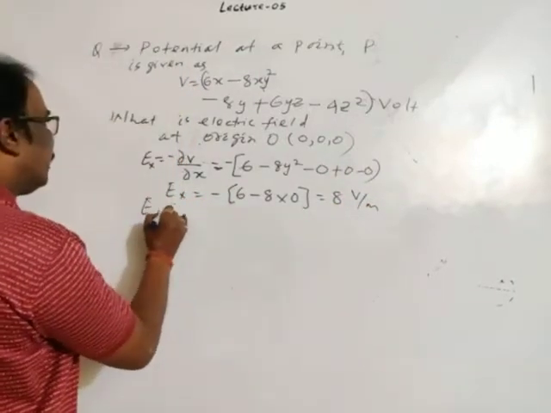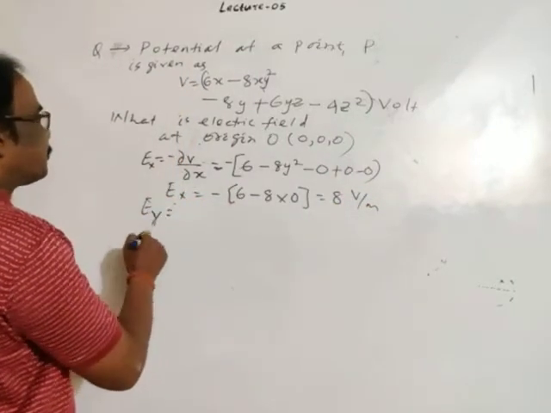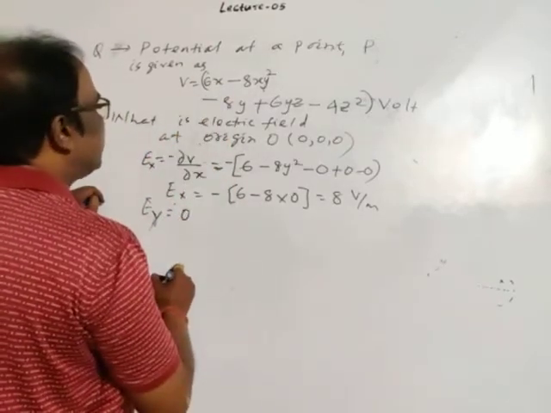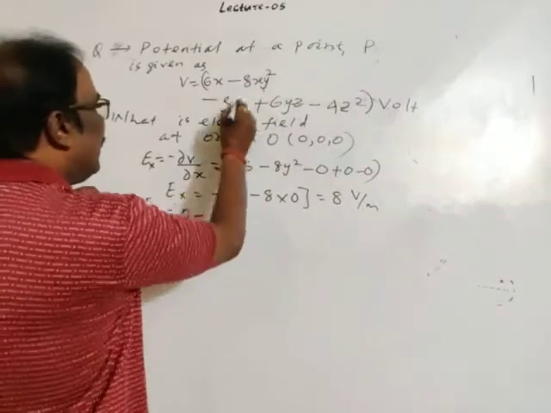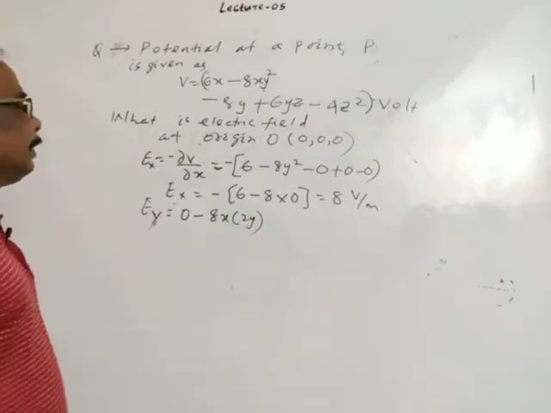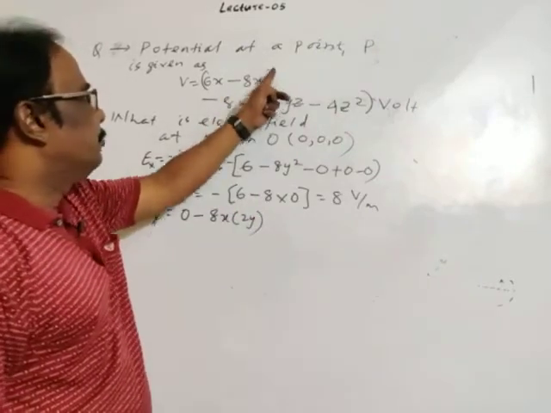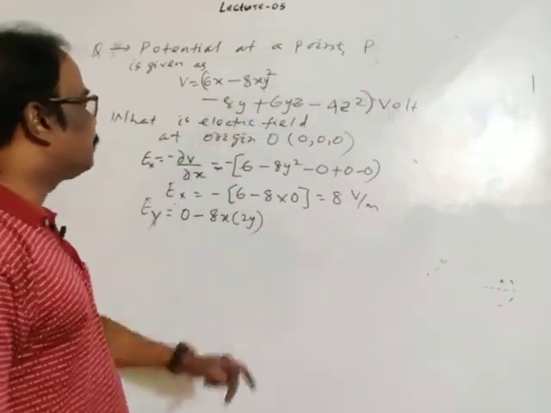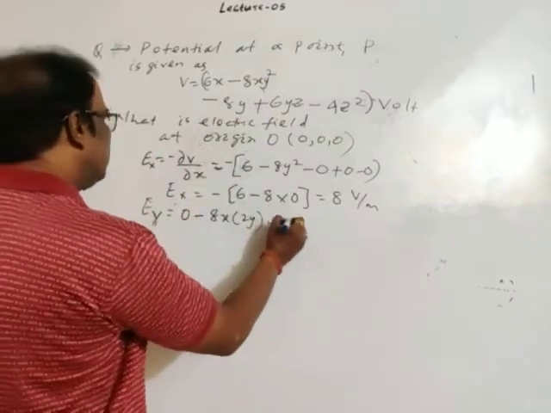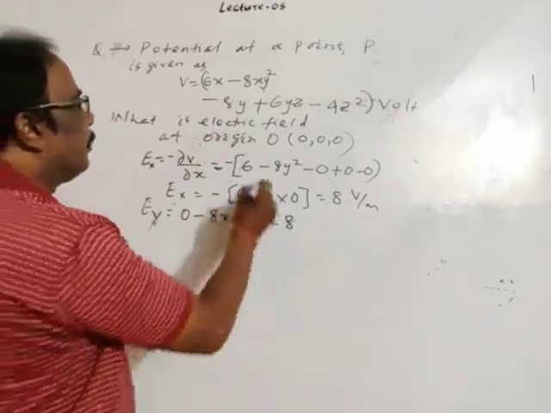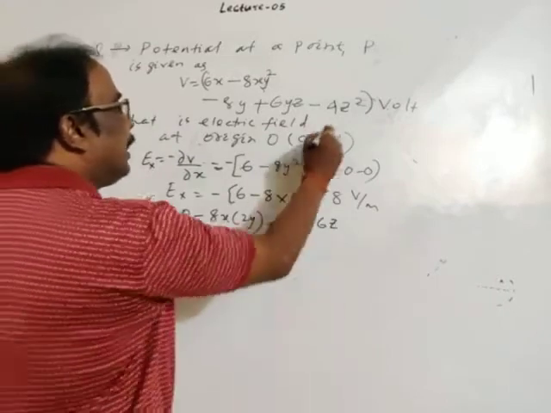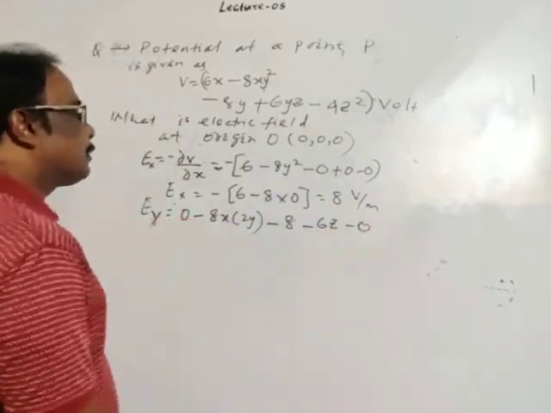Similarly, the electric field along the y-axis. So 6x differentiation is 0. Along the y-axis, minus 8x into 2y, since the partial derivative of y square is 2y. Minus 8y gives minus 8, plus 6z, minus 4z square, where z is constant, so 0.